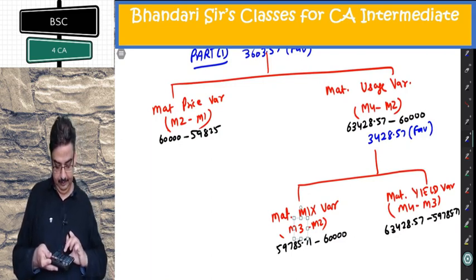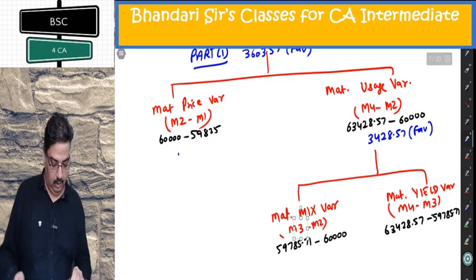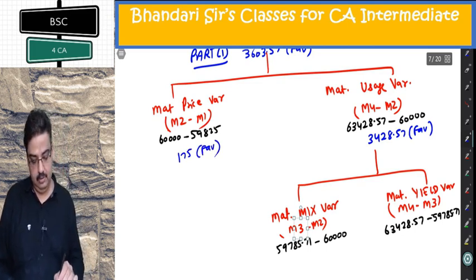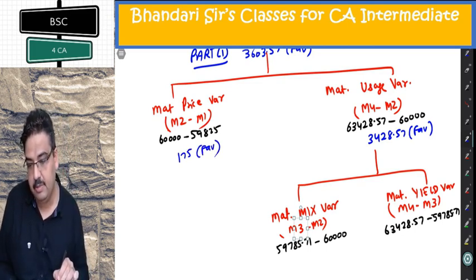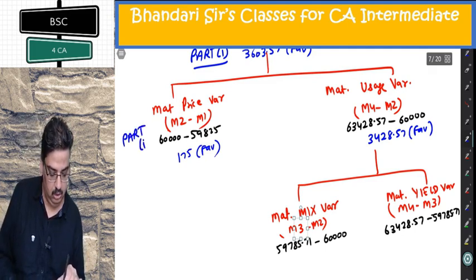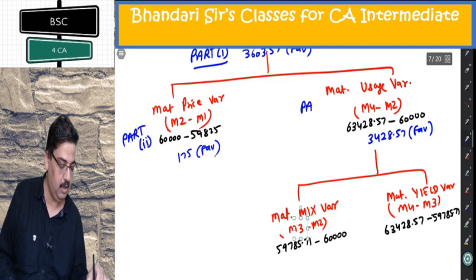$60,000 minus 59,825, 175 favorable. Price variance is part 2. Usage variance is part 3.